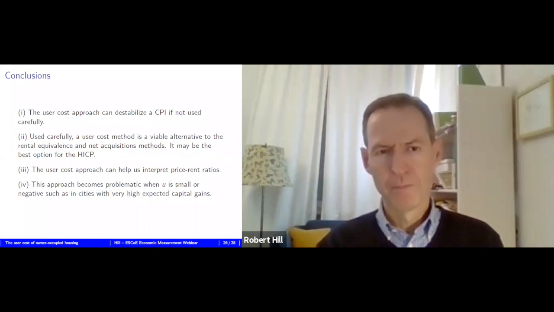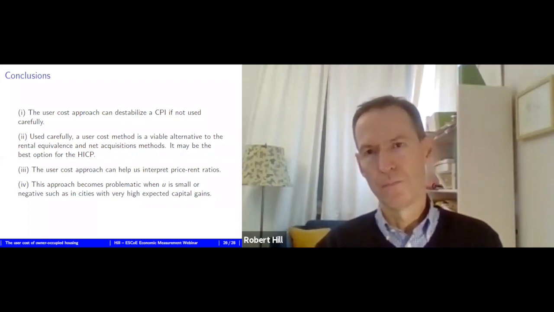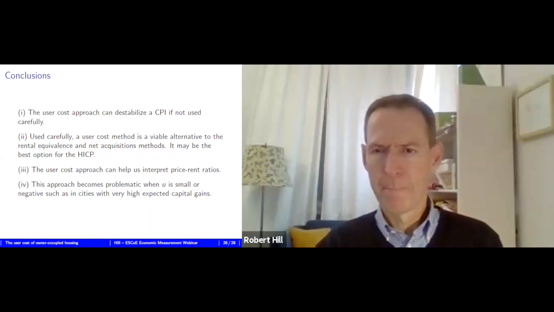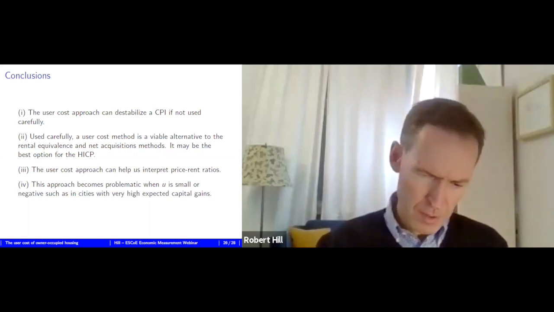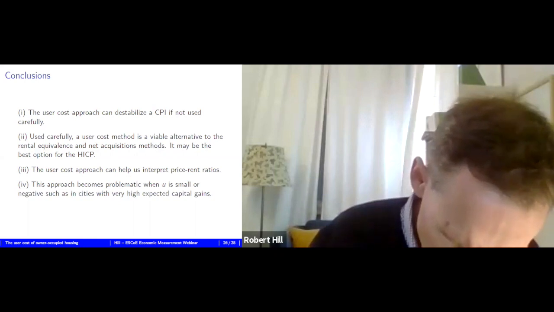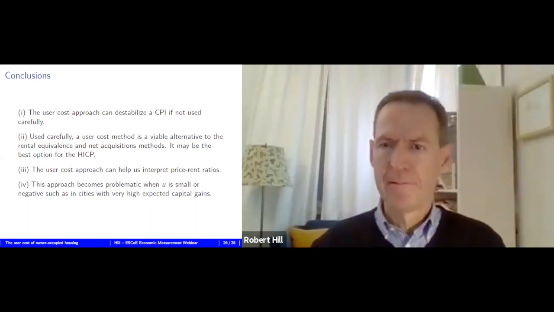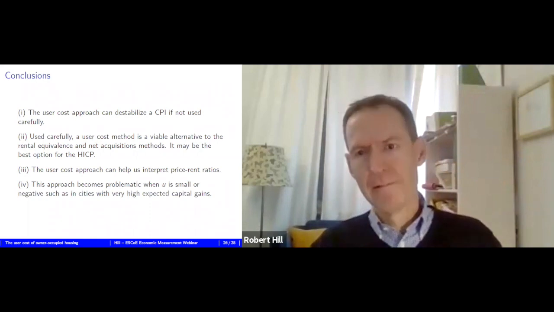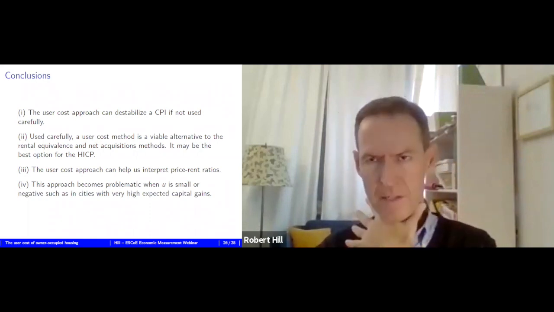If, as in much of your talk, you're thinking about how to use this to help the analysis of what actually happened, or indeed what is going to happen, then the expected capital gain is much more relevant. That's actually what drives behavior. But the argument that if you're not careful, you'll destabilize the CPI is a little bit dangerous, because the objective of compiling a price index, an official index at least, is not to produce some kind of smooth index that we're comfortable with, but actually to describe reality.